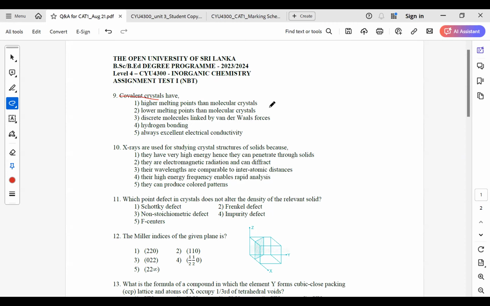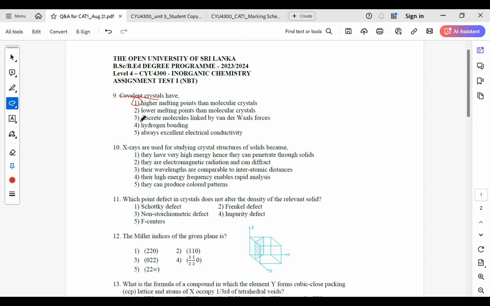Graphene is also an example of a covalent network solid. Molecular crystals, let's say sugar, have molecules packed together with weak van der Waals forces in between. Because covalent network crystals are interconnected through stronger covalent bonds, their melting points are usually higher. So this is the correct answer.